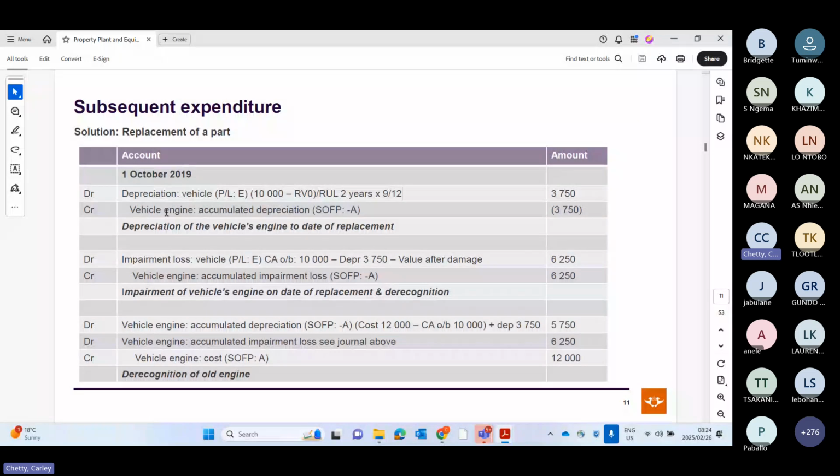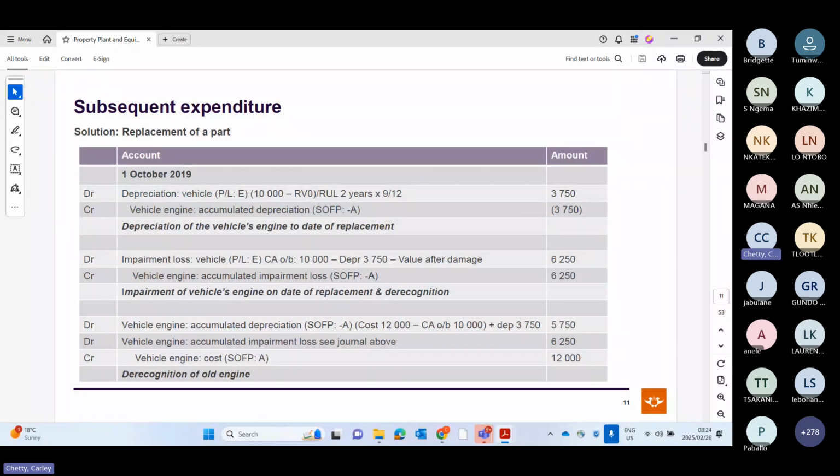Here it is clear that the accumulated depreciation relates to the vehicle engine, so the marker or someone else in the business can come and say, yes, this depreciation relates to the vehicle engine. Because we are going to have many assets, and when assets have different significant parts, we need to specify which parts we are depreciating. So we've depreciated the vehicle's engine to the date of the replacement.